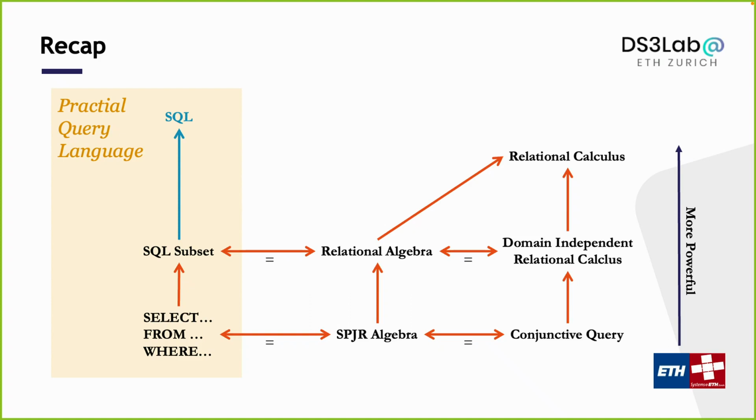And then there is a subset of SQL queries that gives you the same power as relational algebra or domain-independent relational calculus. And then there are things that go beyond it. Okay? That's why we talk about theory, because I really want you to know every single SQL query you are writing corresponds under the cover to some theoretical class of query languages. And then we can actually reason about the properties.